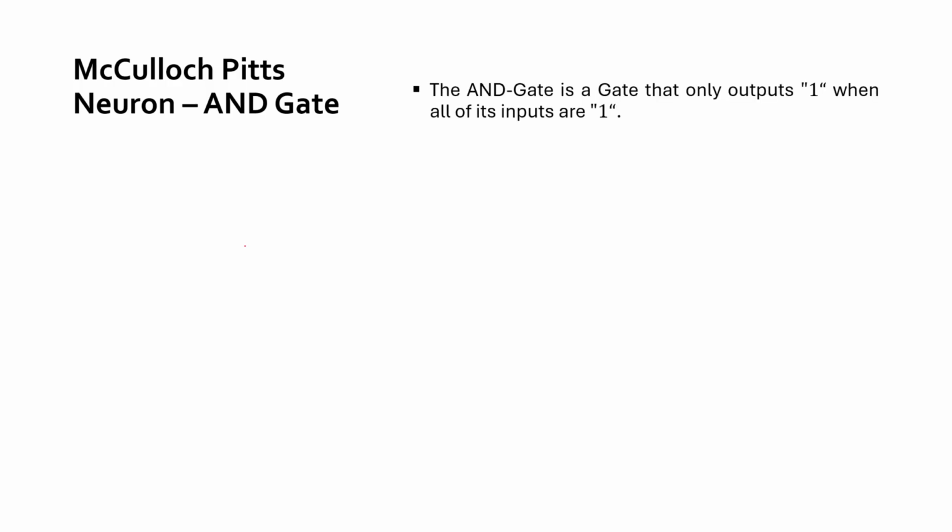First, let's try to understand the AND gate. It is a logical gate that outputs 1 when all of the inputs are 1. For example, consider an AND gate that receives two inputs, x1 and x2, and the final output is y. The truth table becomes: x1 and x2 as 00, 01, 10, 11.